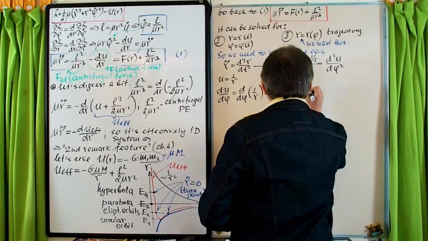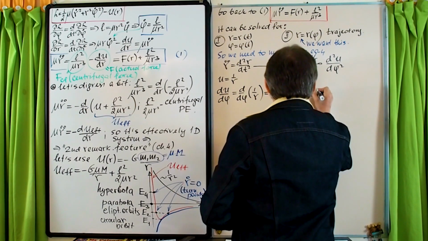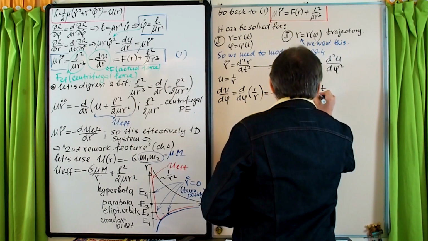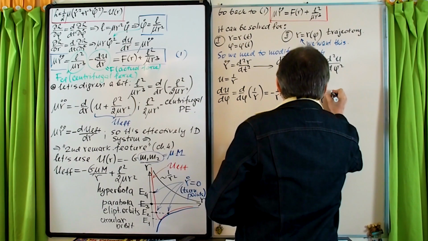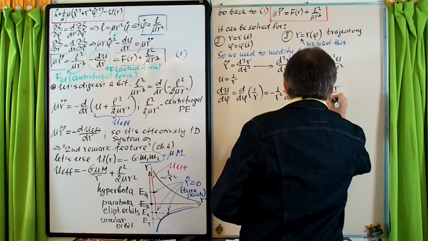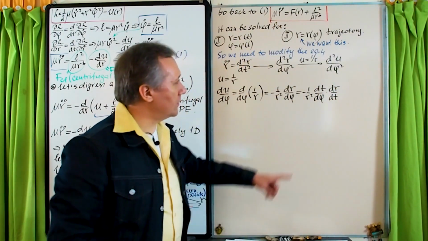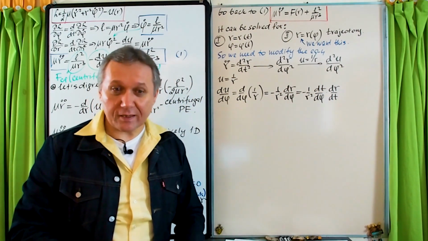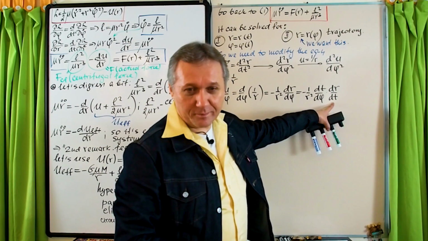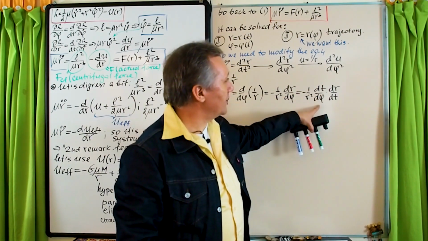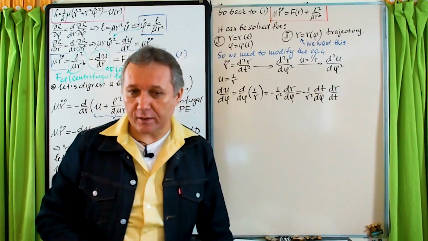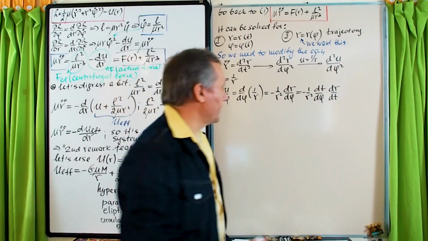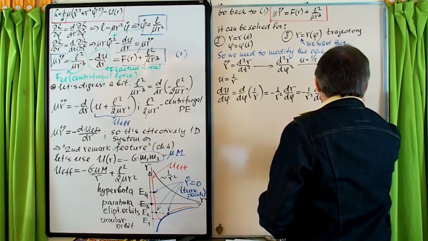So we get minus 1 over r squared, dt over d phi and dr over dt. If you cancel dt, you get exactly the same. But now we have r dot, and if you take this dt downstairs, you get phi dot in the denominator.